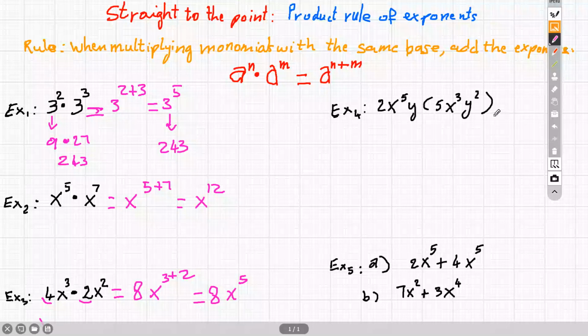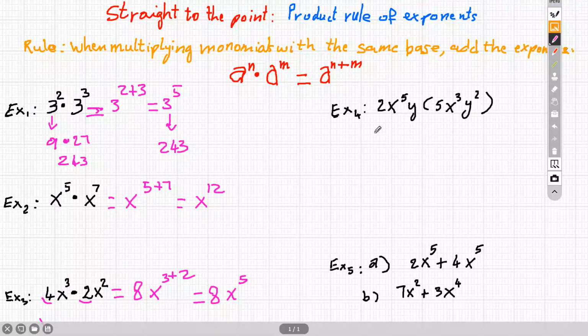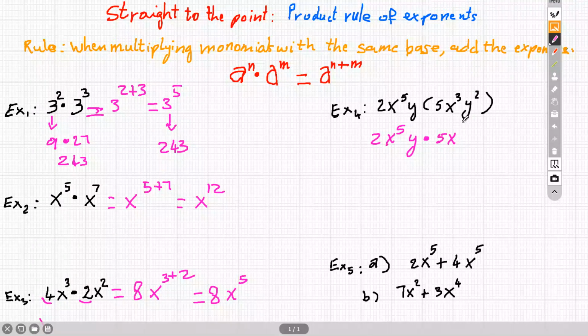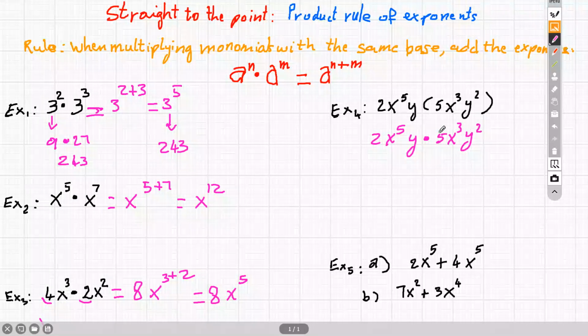Because it's all multiplication, we can just drop the parentheses. So that's 2x to the 5th power y times 5x cubed y squared.